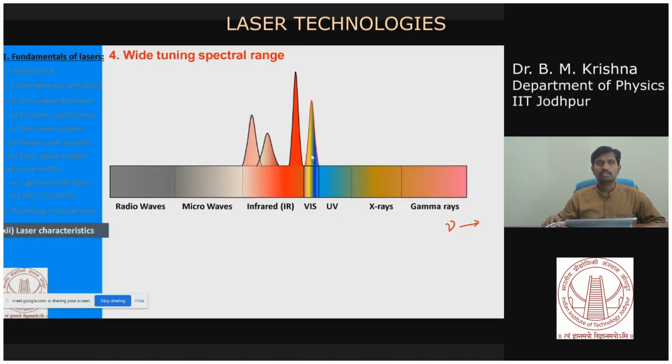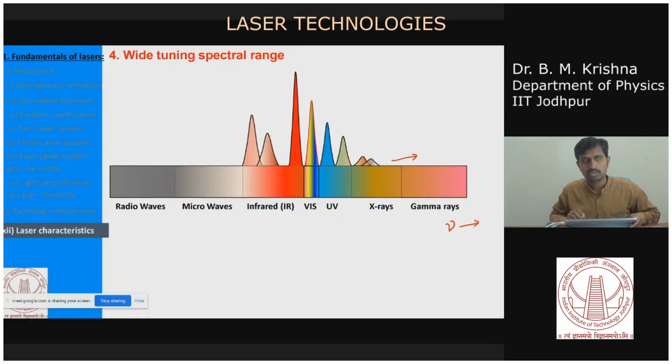Now we have lasers which cover the full visible spectrum, and also UV lasers and deep UV, what you can call vacuum UV, and you have soft X-rays, and you can go up to almost mid X-rays. And research is still continuing to extend in this direction.